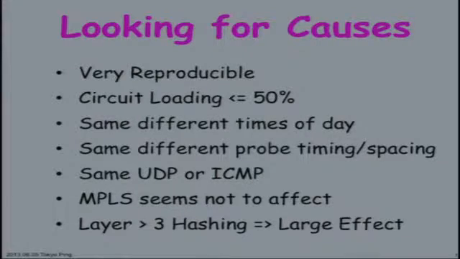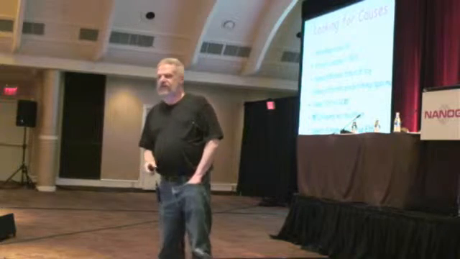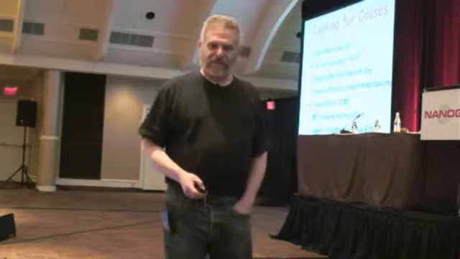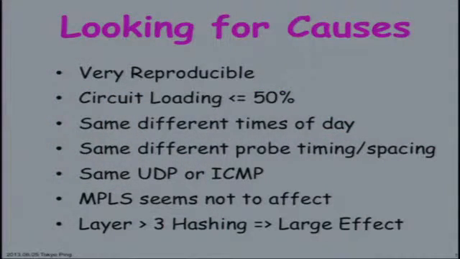The circuit loading was less than 50% aggregate. We do not know that the loading on a single circuit in the lag was not really bad. That's because we've not been able, and this is where the router vendor help, to actually find and monitor the queue lengths on the different circuits in the lags.